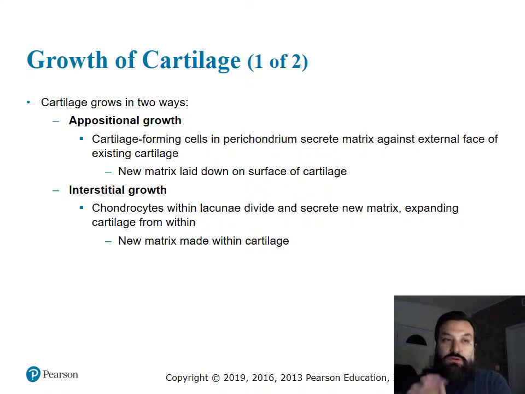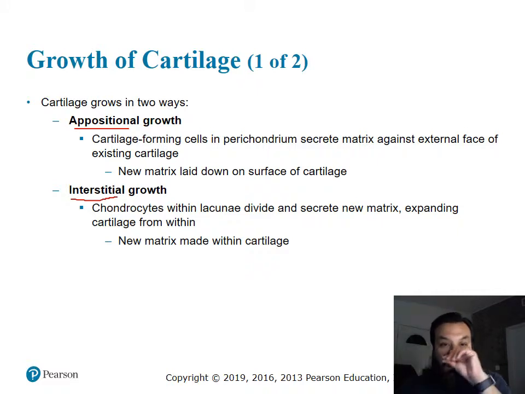It will continue to grow, but that growth will slow down after a while. Once you get into an elderly age, it starts to slow down. Cartilage grows in two ways. We call this appositional growth and interstitial growth.